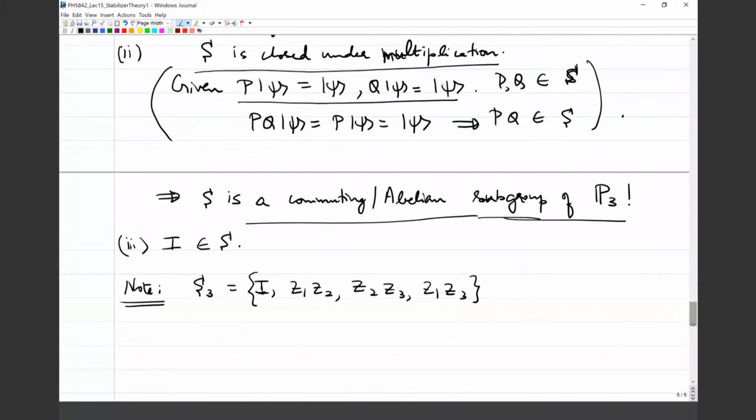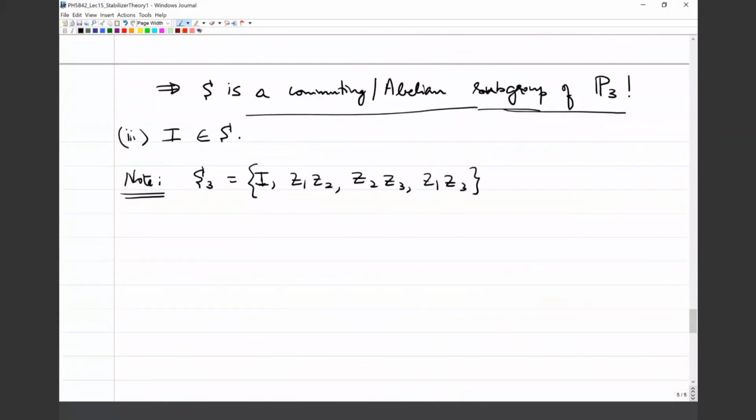So these are the measurements that are used to detect the X errors.